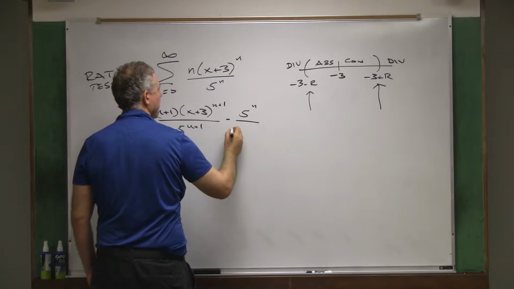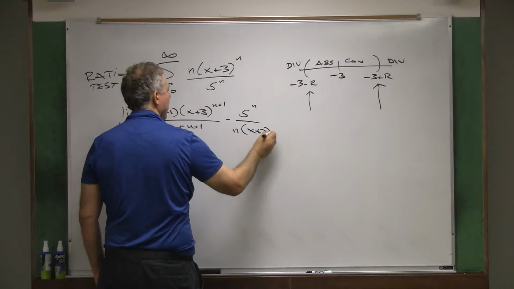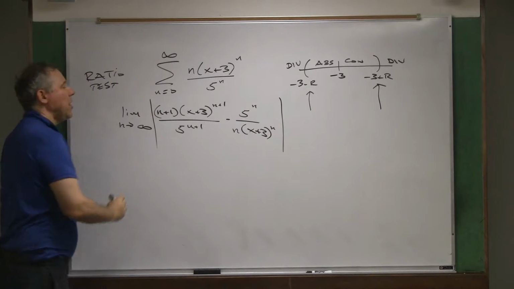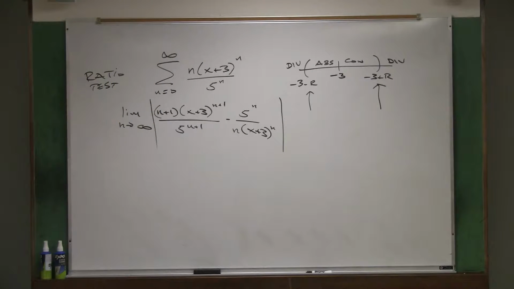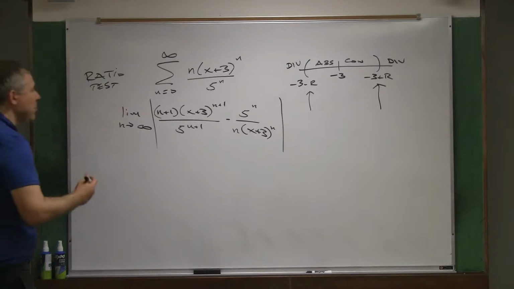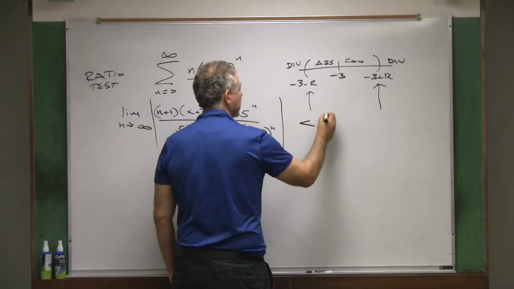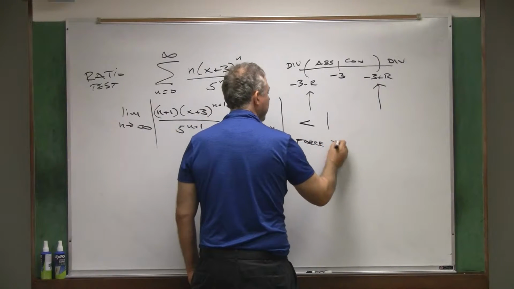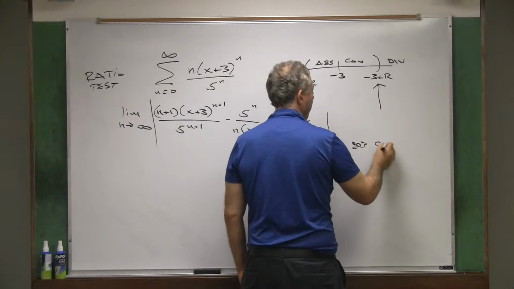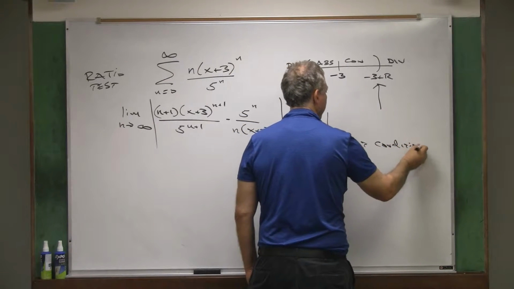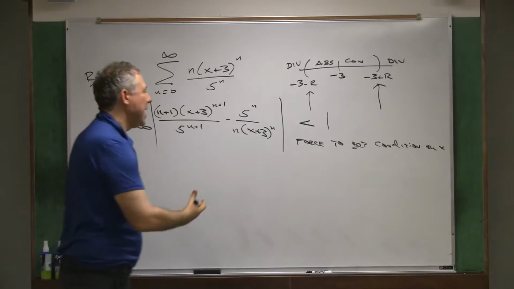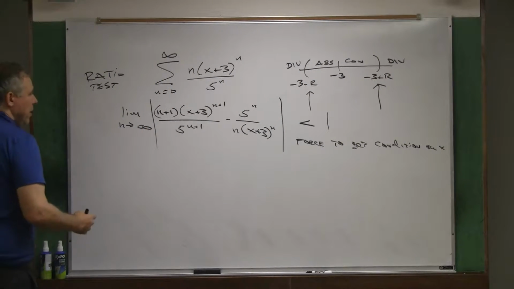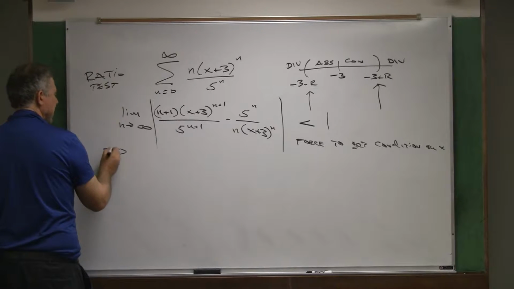And I'm going to put absolute values on because my nice theorem tells me that if I get convergence inside that radius of convergence, I get absolute convergence. So that's why I'm going to do that. And I'm going to force this to be less than 1, to get a condition on x. I'm trying to see which x's make the ratio test go through. So now it's just doing the if and only ifs.